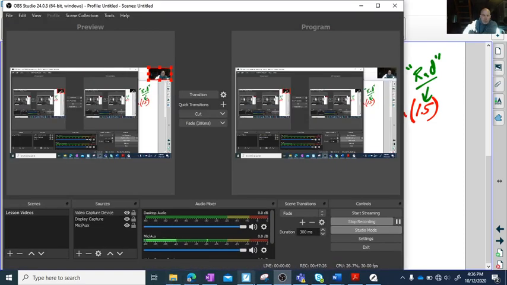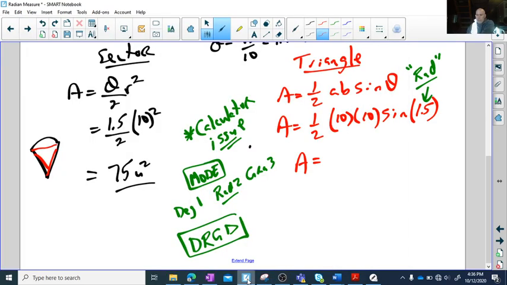Yeah, we're good. I did the sine of 1.5 first, just to make sure. So just to double check on your calculator, I got 0.9979 was the value for that. And now I'm just going to multiply that by 100, 10 times 10, and then I'm going to divide that by 2.